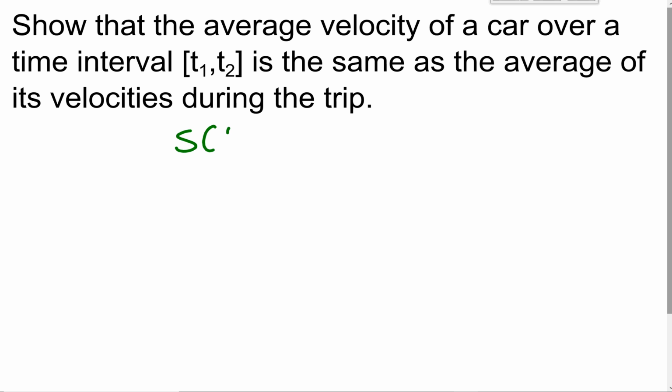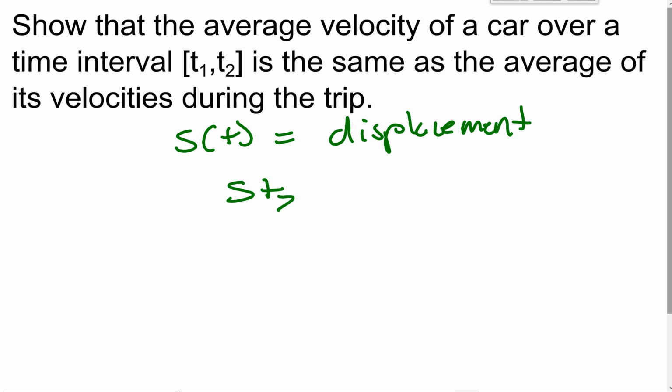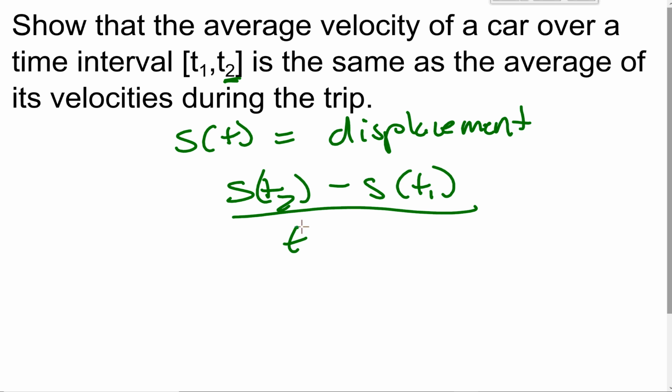So if we let s of t equal our displacement, then we have s of t2, the displacement at time 2, minus the displacement at time 1, divided by our change in time, which is time 2 minus time 1. That would be our average velocity over this time interval.